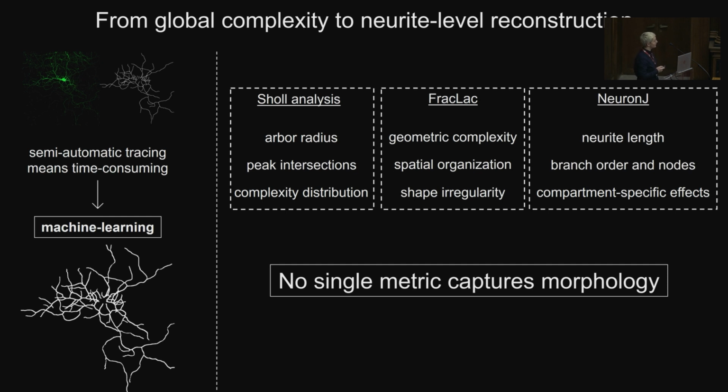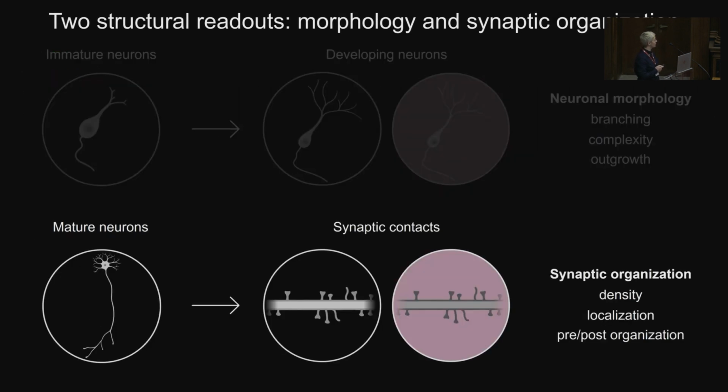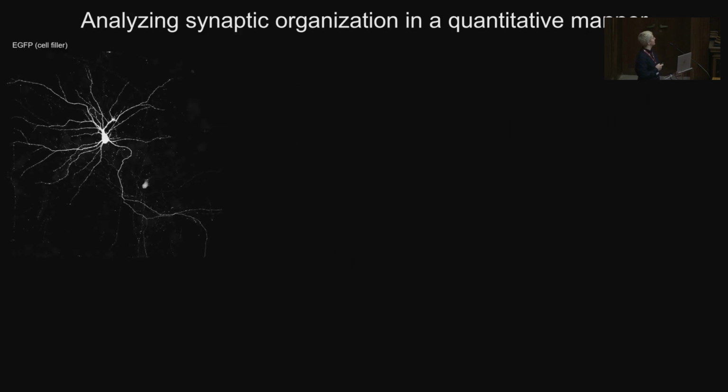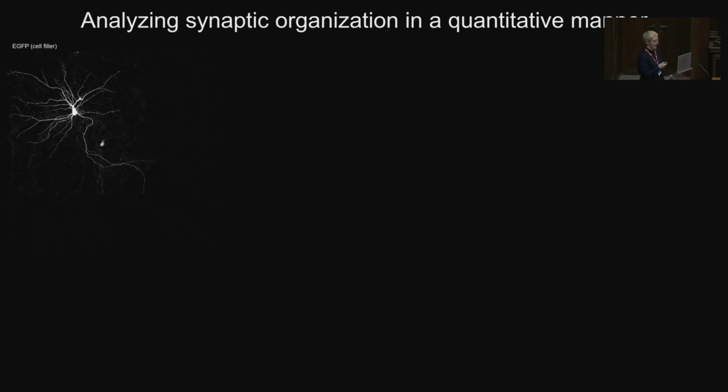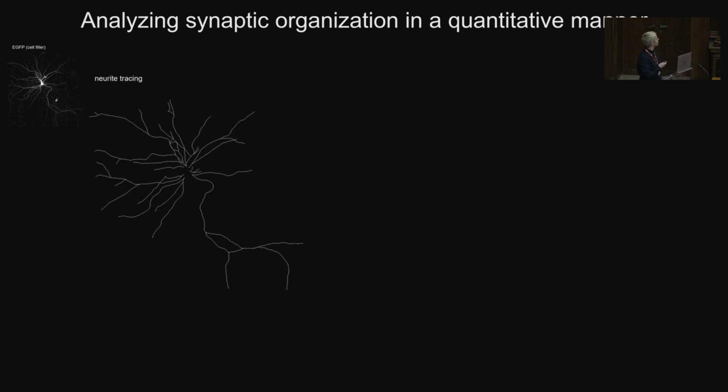Then, going to the second part of the talk, which is mainly related to synaptic organization, even with this type of analysis there are some analytical features that are shared with what we just saw. Again, you need to isolate a single cell and have an anatomical scaffold, which is the dendritic arbor on which the synaptic measurements can be anchored.